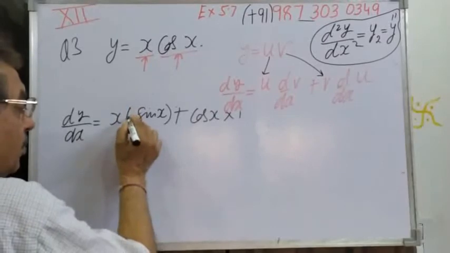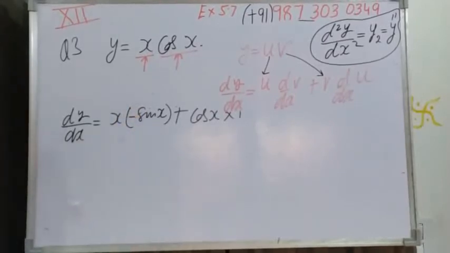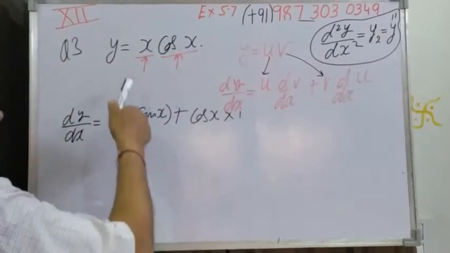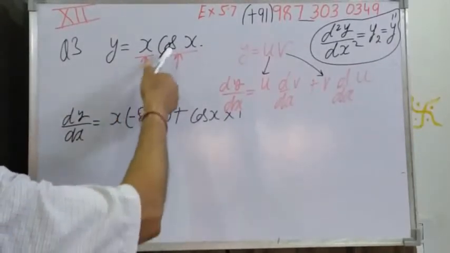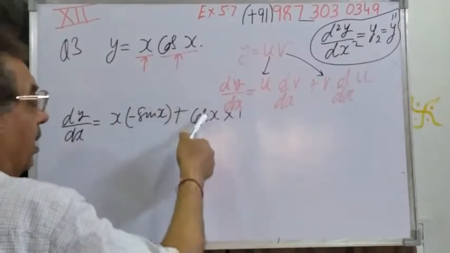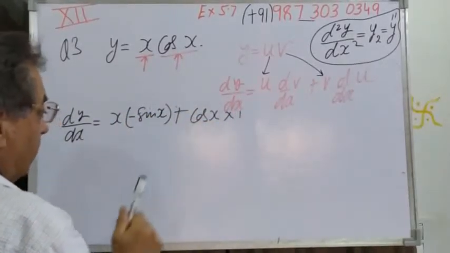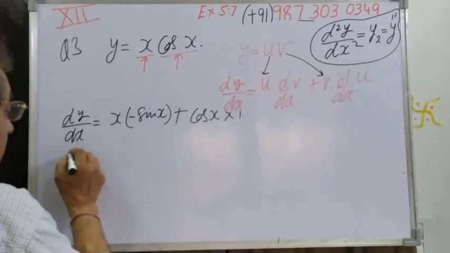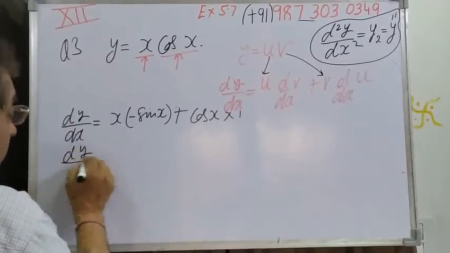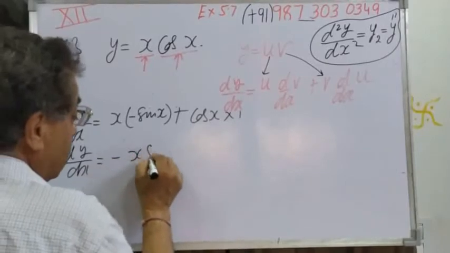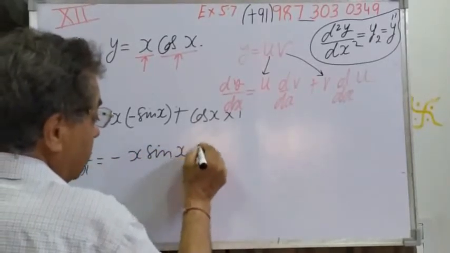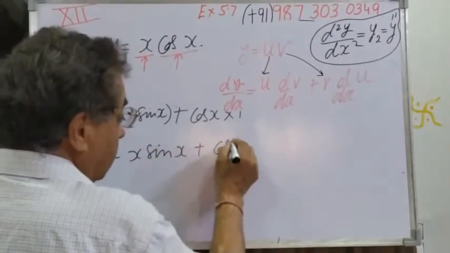I have taken u as it is and the derivative of v, plus v and the derivative of x, 1. So the first derivative is minus x sin x plus cos x.